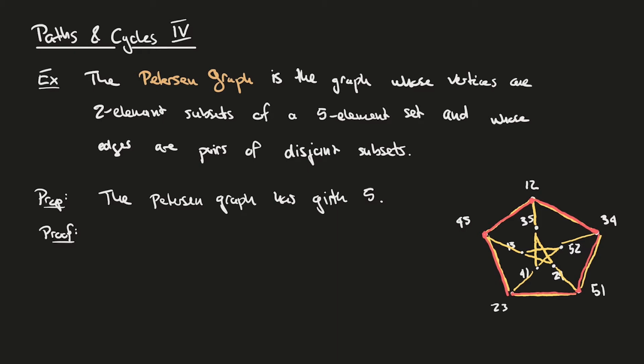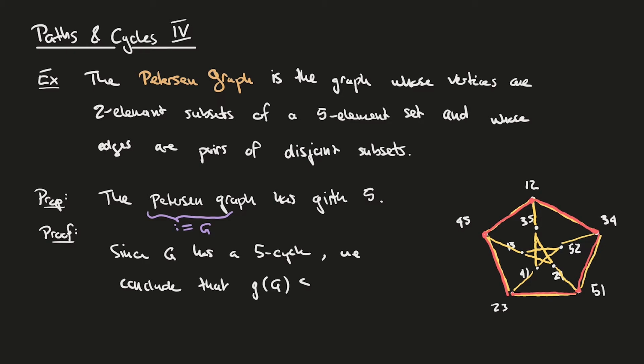For ease of notation, we'll call the Petersen graph G. Since G has a 5 cycle, we conclude that the girth of G has to be less than or equal to 5, because the girth is the length of the shortest cycle, and we found a cycle of length 5, thus the shortest cycle needs to be less than or equal to 5. We finish the proof by showing that the Petersen graph can't contain a 3 cycle or a 4 cycle.